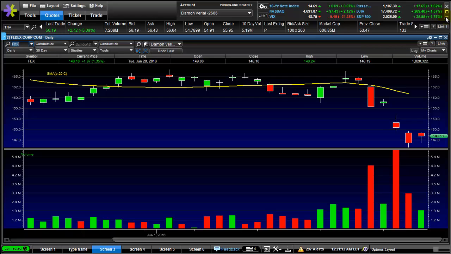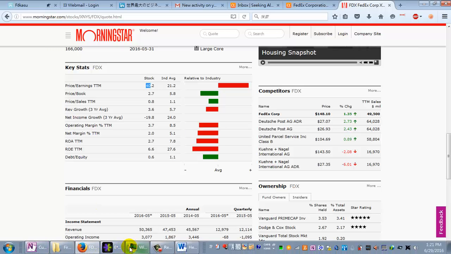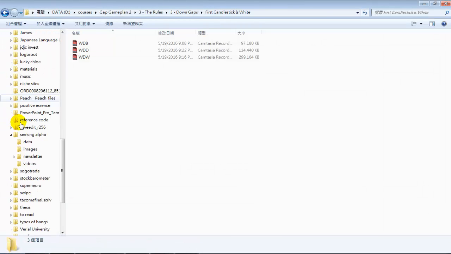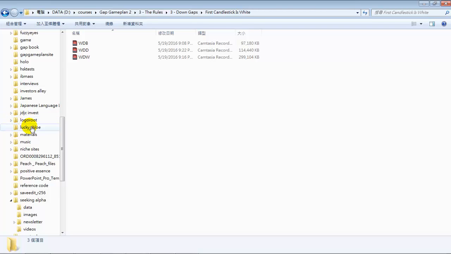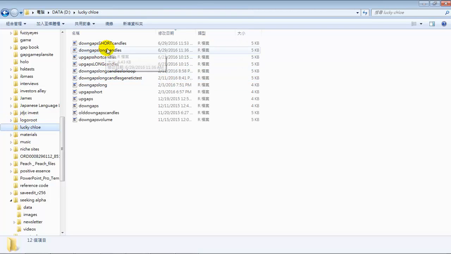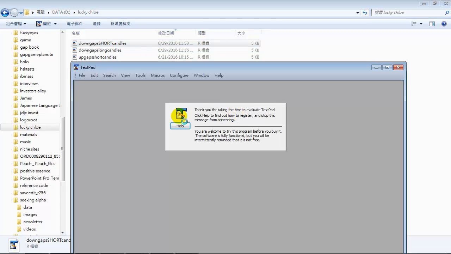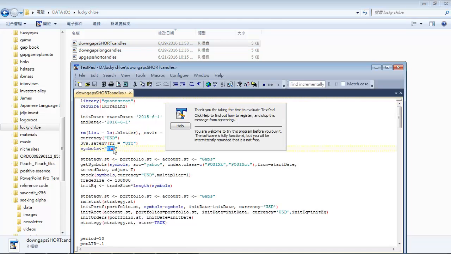And I've actually written an algorithm to show the results per ticker. So actually I could show you those for FedEx. And I always throw my post-gap trades into my Lucky Chloe algorithm before I make the trade, so that I have more evidence that the strategy works.